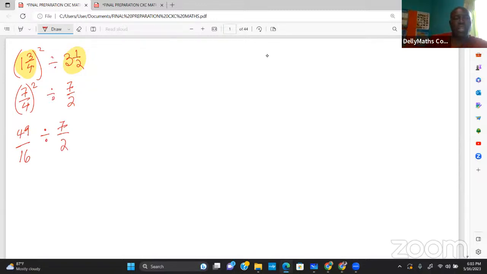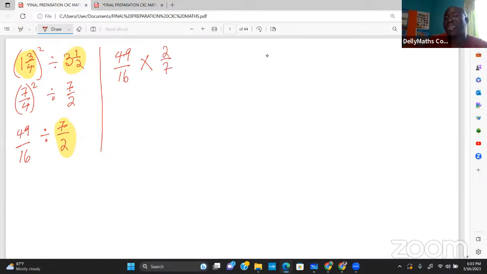All right, so at this moment we simply change our division sign to multiplication, and then we reciprocate the fraction at the back. So we're going to get 2/7.